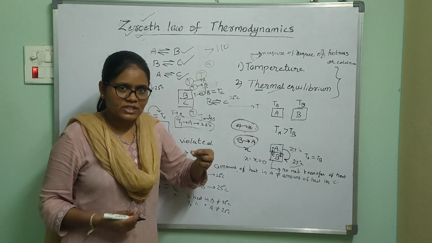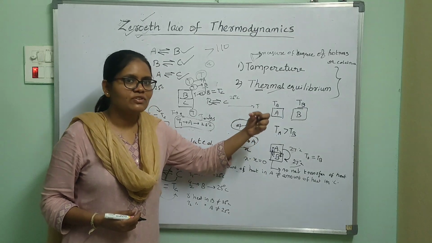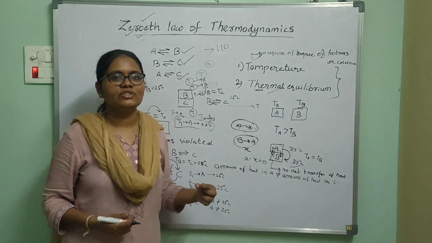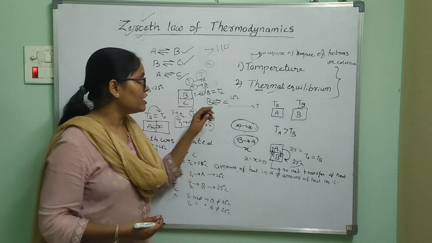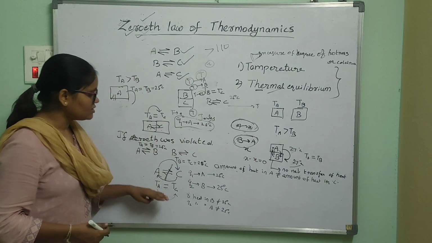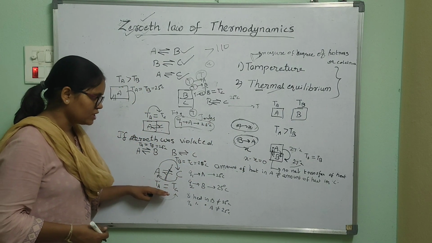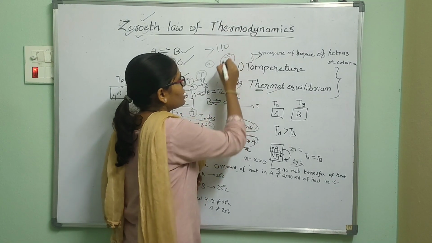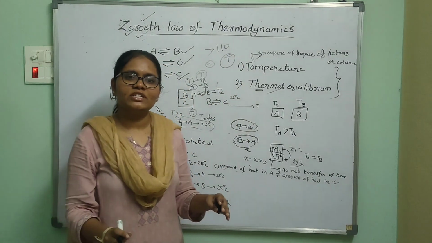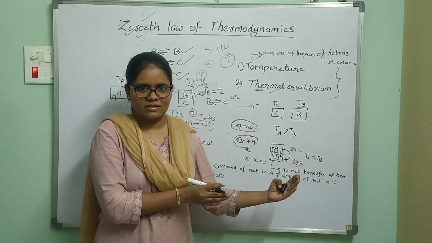You can use the same thermometer to measure the temperature of water, of oil, of any other solution, right? But if nature violated the zeroth law of thermodynamics, you cannot use a universal temperature scale. You need to have a different temperature scale for different materials, right?